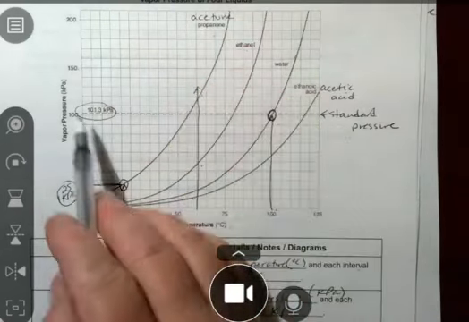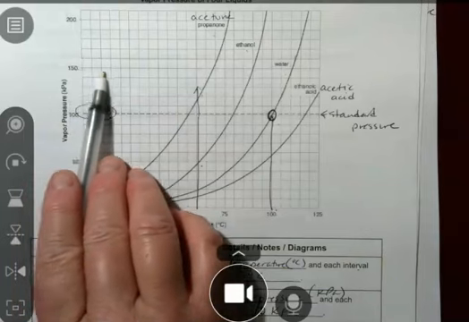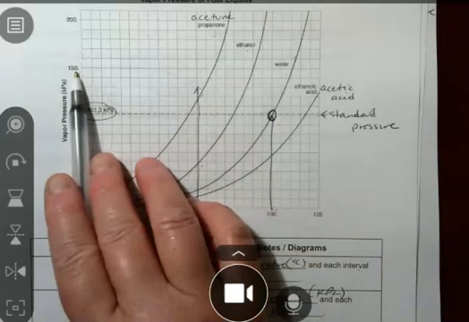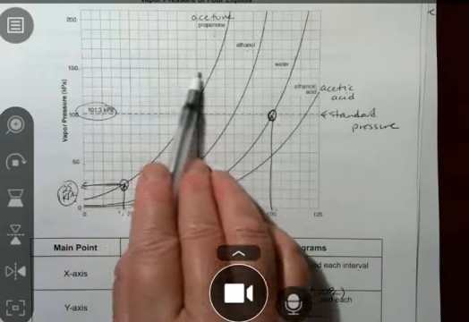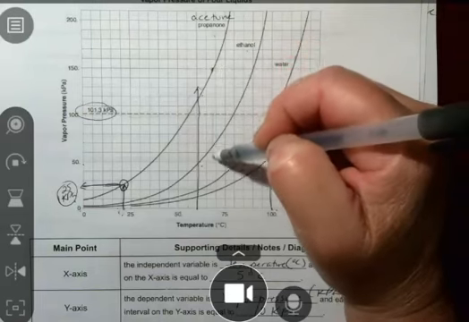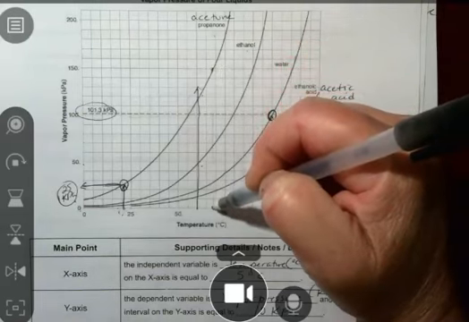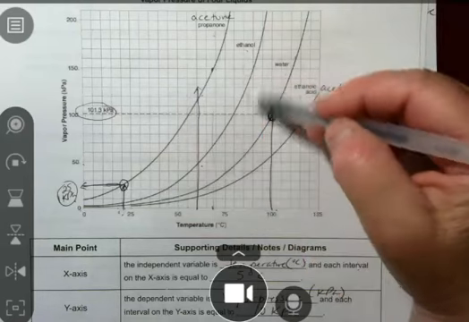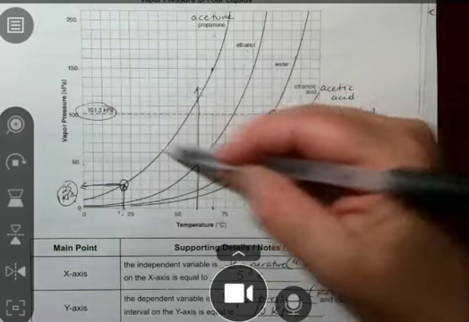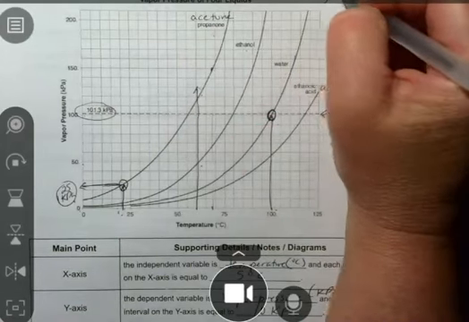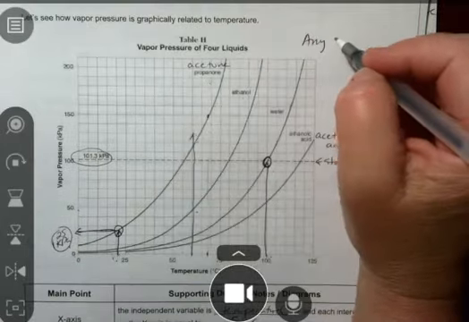So with this graph, you are able to read boiling points, the temperature, or you can figure out at any pressure what temperature that liquid will boil at. So at 150 kilopascals, acetone will boil at about 68 degrees Celsius. Okay, so any point on any one of these four graphs will tell you, let's write this, make sure this is on the screen.